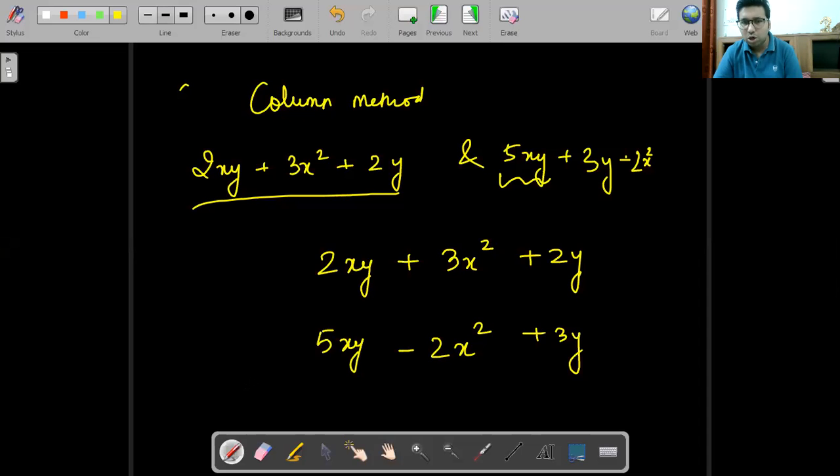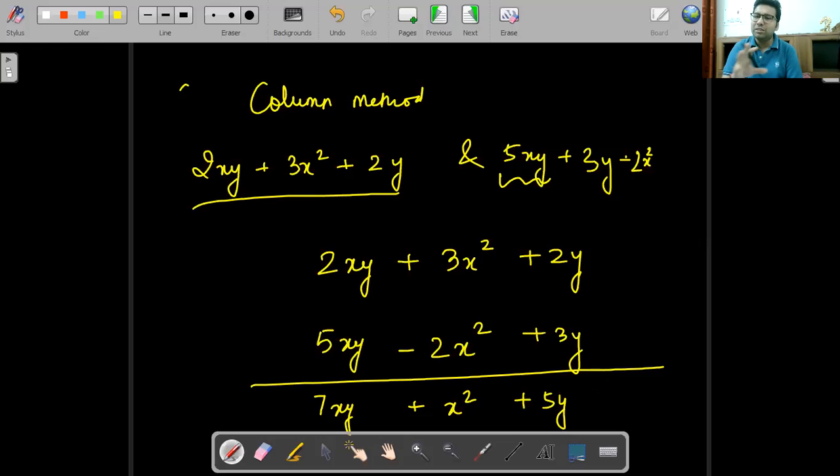This is known as column method, where you write the similar terms one below the other. And you can easily solve now. 2 plus 5 is 7xy, 3 minus 2 is plus x square, 3 plus 2 is 5y. This method is fine, no problem is there.